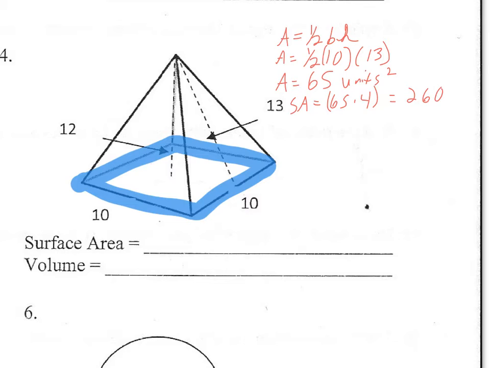So I'm going to find the area of that base, and it's just a square. So that's a length times width. So in this case, 10 times 10. Which gives me 100. But now I have to add those two numbers together.